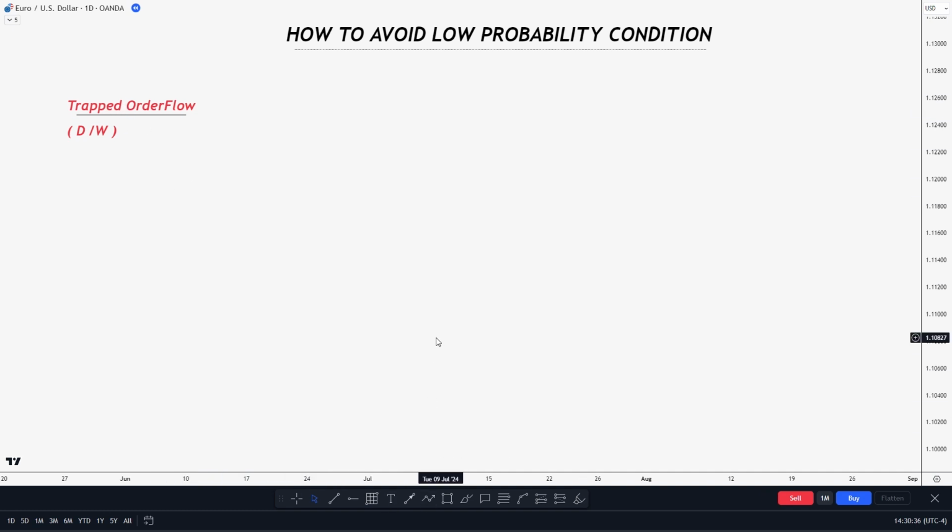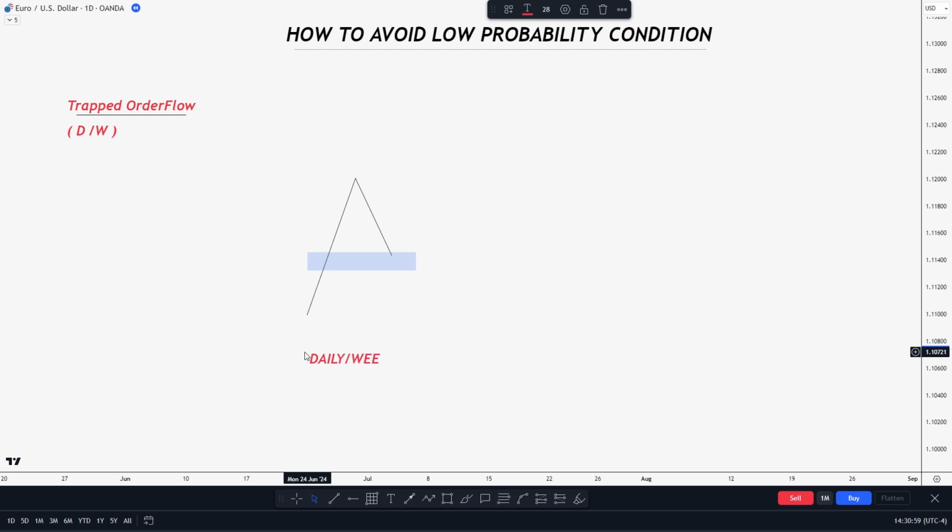Basically, it's when price is stuck in two PD arrays, when the market is stuck between a premium level and a discount level. For example, let's say we have a bullish fair value gap here, on daily or weekly, my higher time frame.